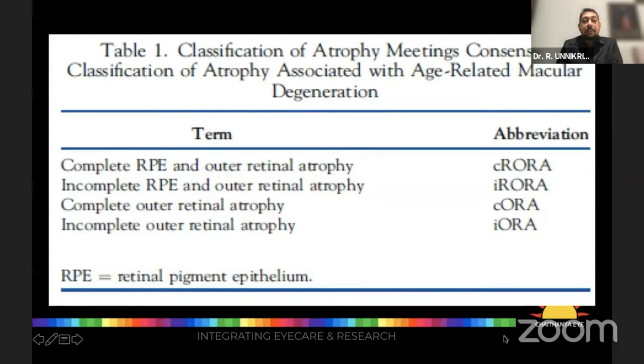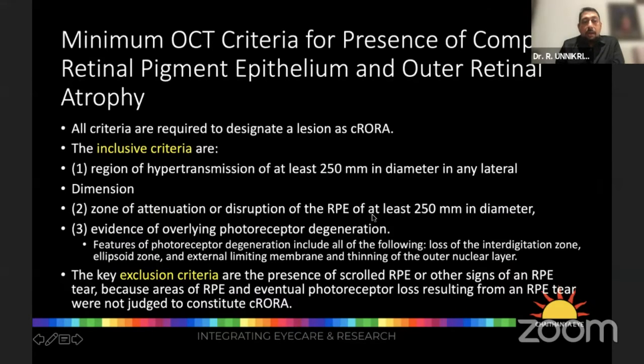The terms that have been introduced are CRORA, or complete RPE and outer retinal atrophy, IRORA, incomplete RPE and outer retinal atrophy, cRORA and iRORA. To define atrophy, the inclusion criteria of complete RORA is that there should be at least an area of 250 microns of continuous hypertransmission.